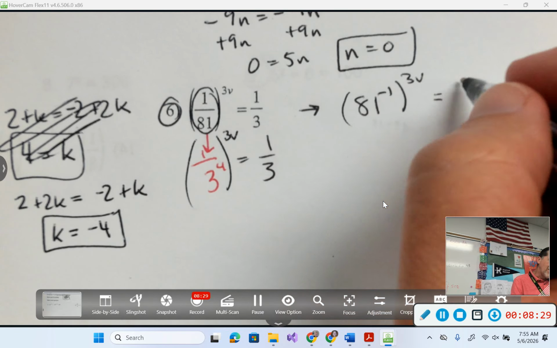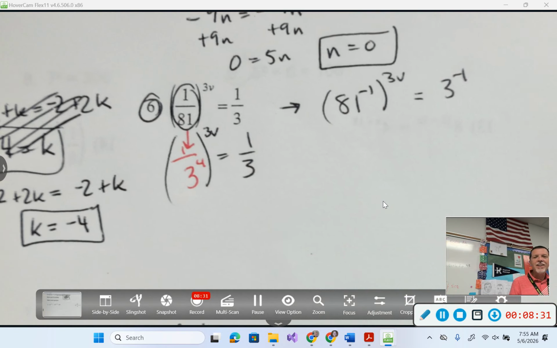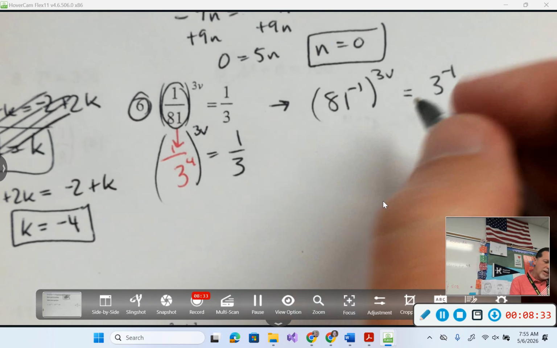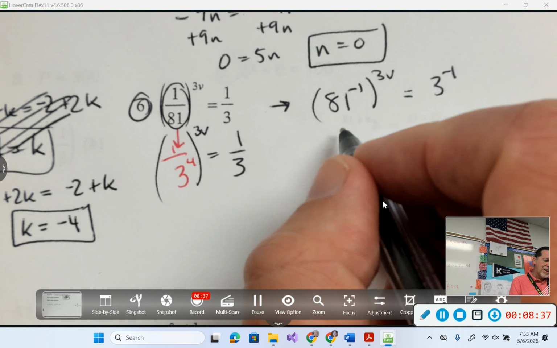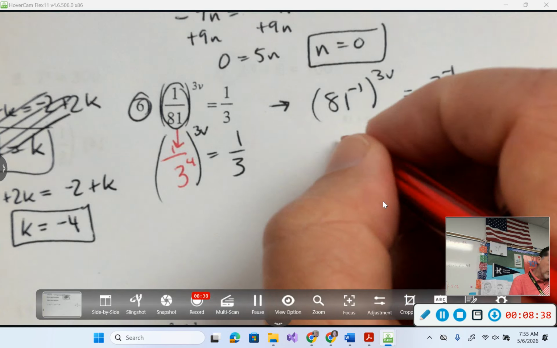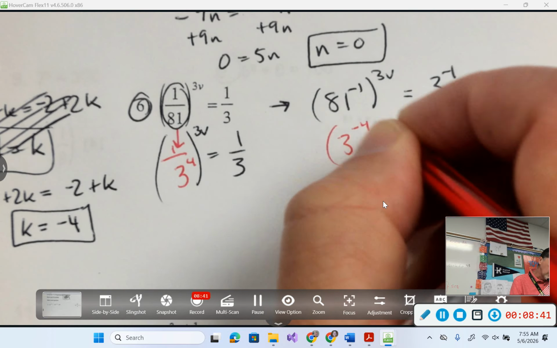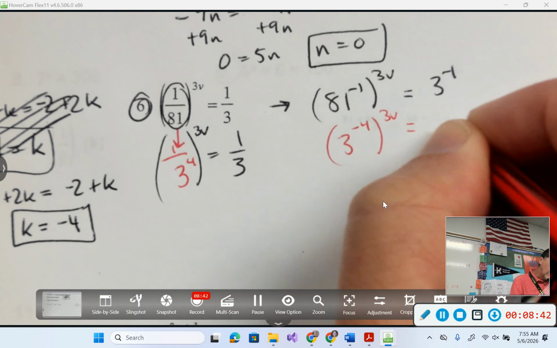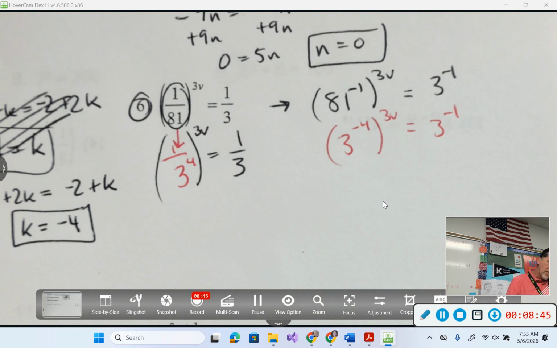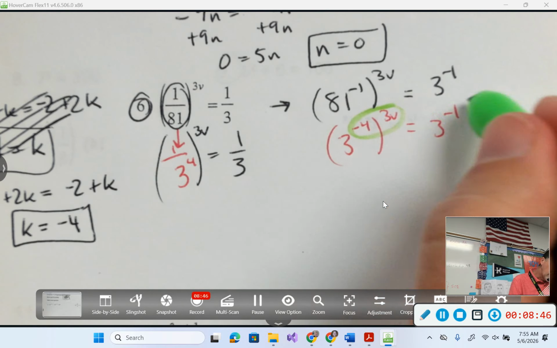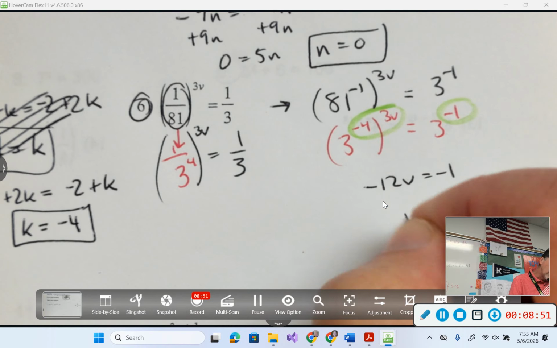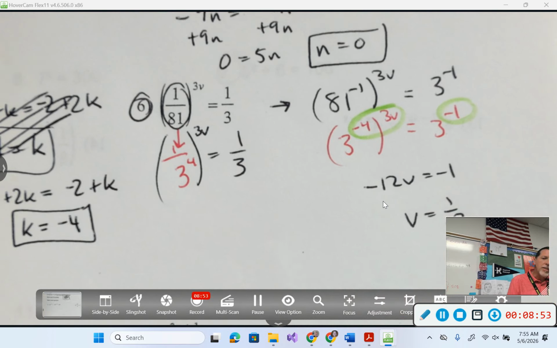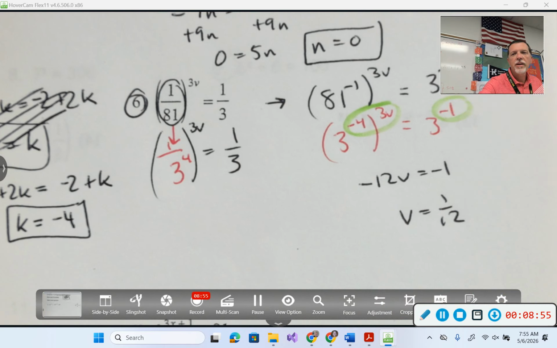And then 3 to the negative 1. I'm jumping methods here. I would still need to fix this 81 as 3 to the 4th, so that is 3 to the negative 4. So negative 12v equals negative 1, v equals 1/12. That was that way to go.